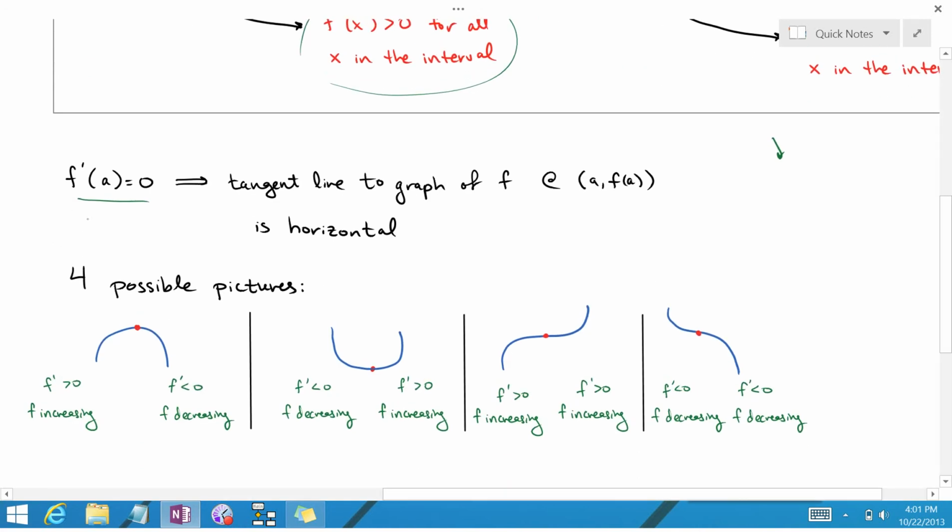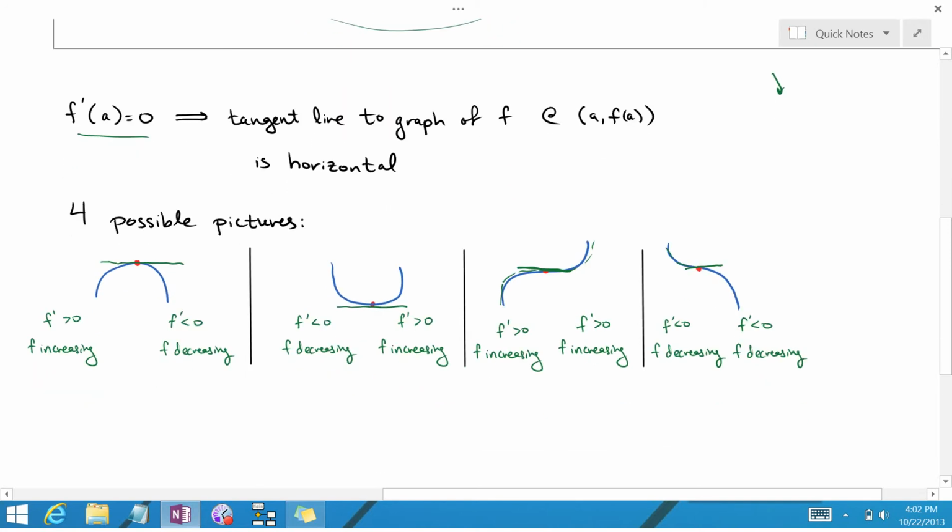You have this max, and you can kind of tell that, yeah, the tangent line should be flat there, should be horizontal. And the same thing happens here. And here, if you're kind of keeping track of what the slopes are doing, they're horizontal right there at that red point, and then they're not horizontal any other time. And similarly here, as we get to this red point, it is horizontal. I didn't draw it terribly well, but let's pretend that it is horizontal. So these are the 4 kinds of pictures.